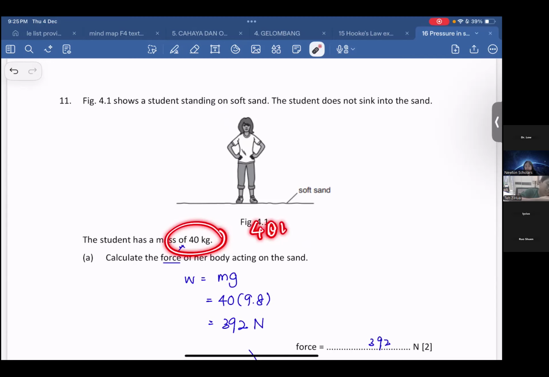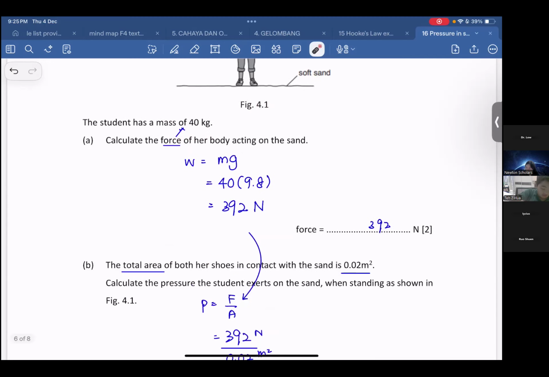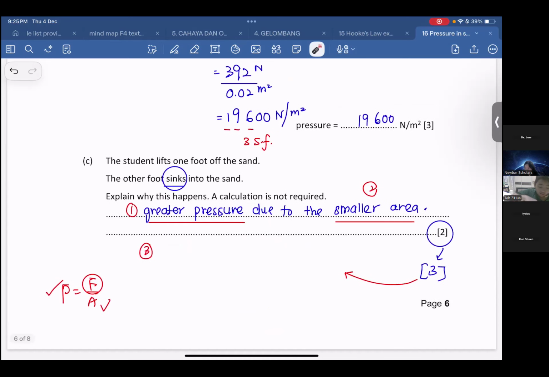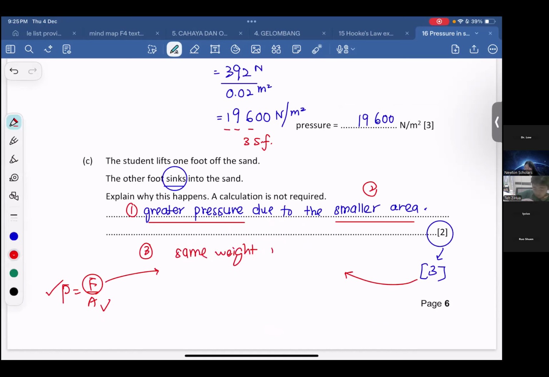Your weight is the same, 392. So for the third point, we can talk about the force. So what happened to your force? Same force or same weight acting on the sand. 3 marks.